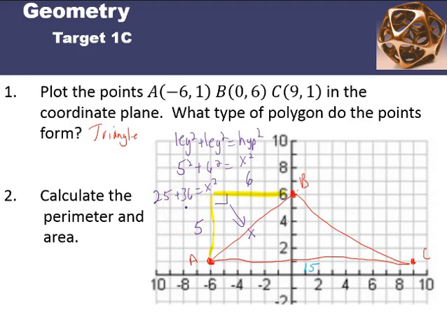And then 25 plus 36 is, getting my calculator ready, sorry. 61. So x squared is 61. And then I'm going to square root it. And the square root of 61 is 7.8. So I know that this length right there is 7.8.